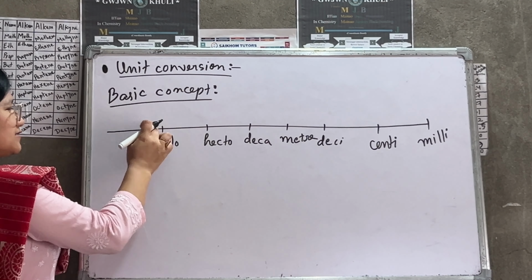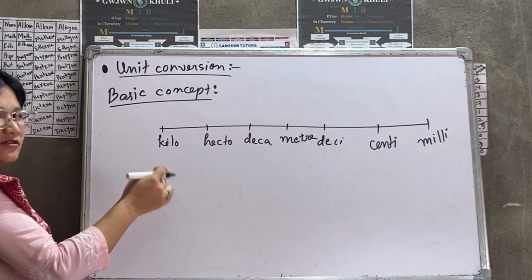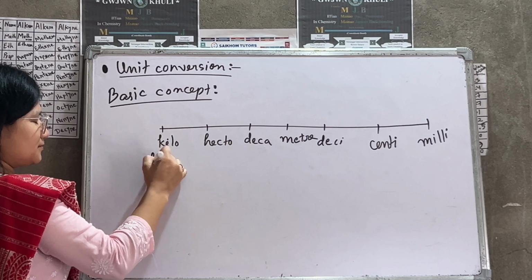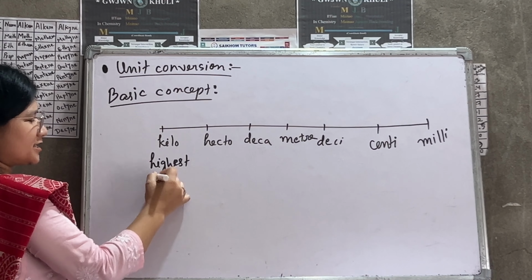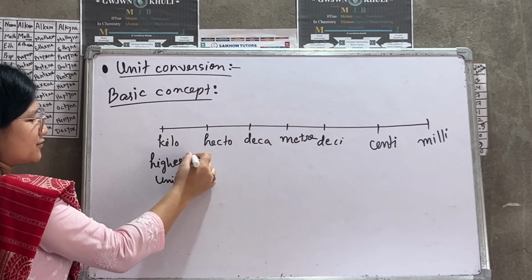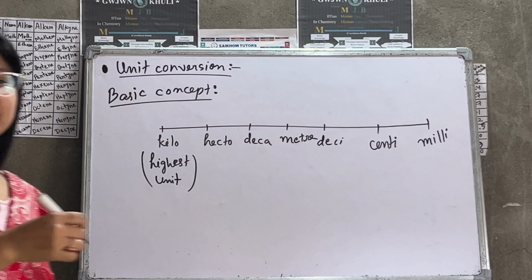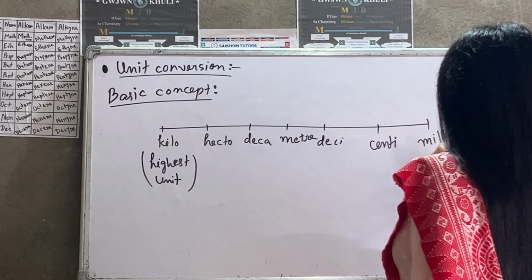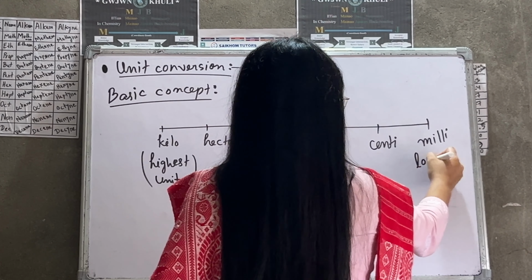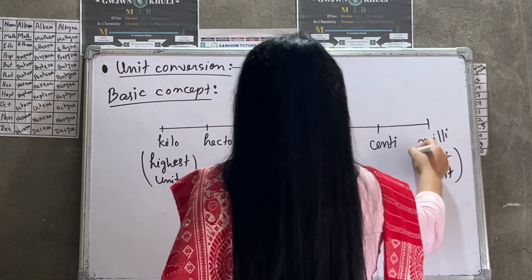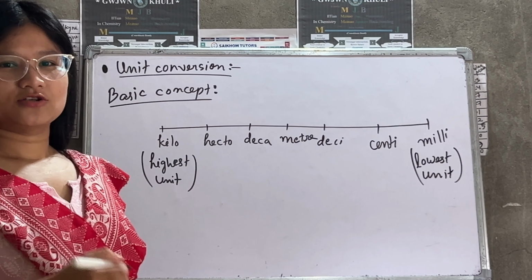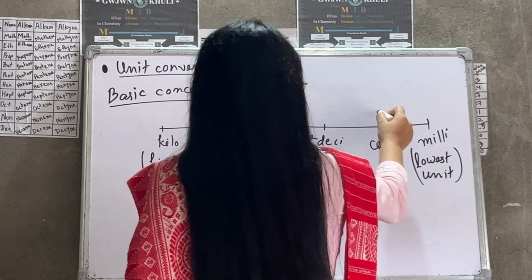So from this table, what you know is that kilo is the highest unit or highest value, and milli is the lowest unit. Clear?